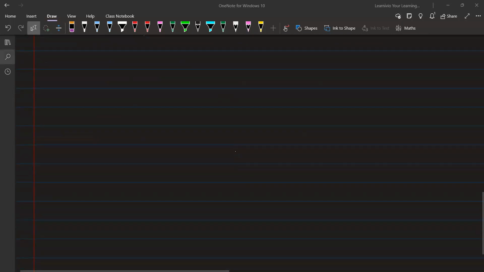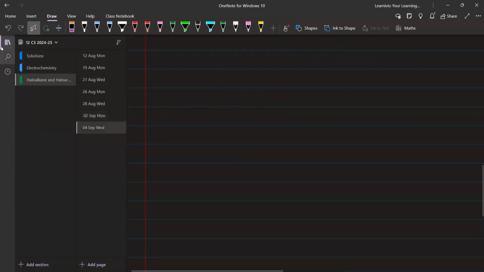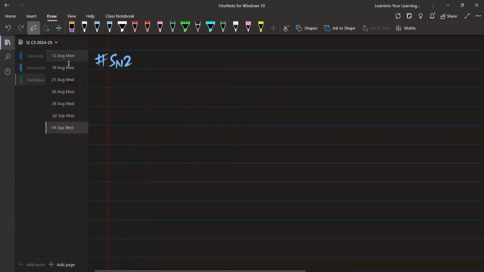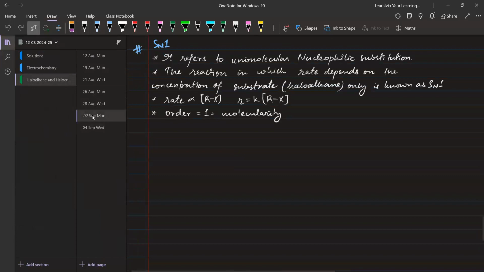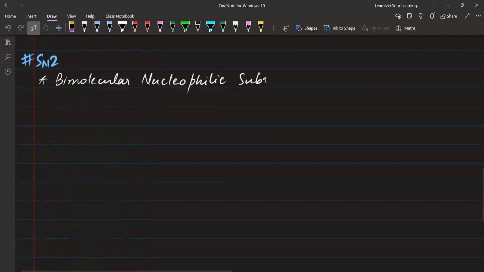लिखेगा SN2. This is bimolecular nucleophilic substitution.